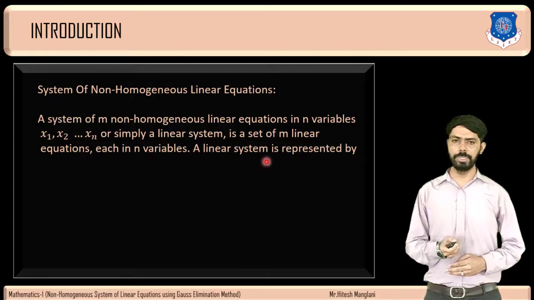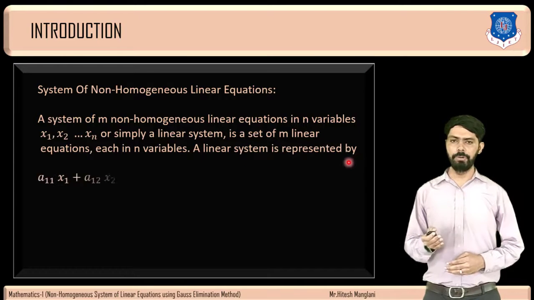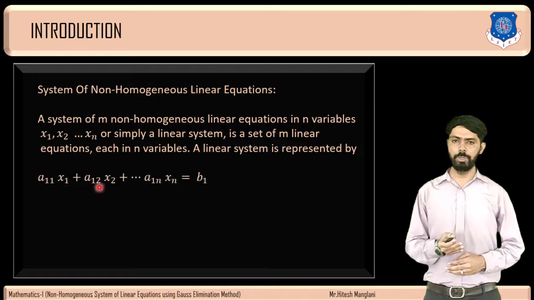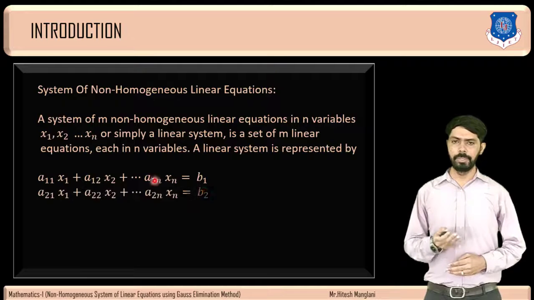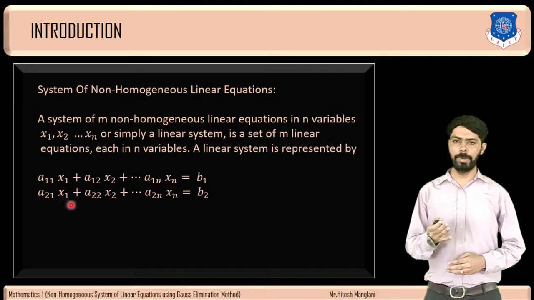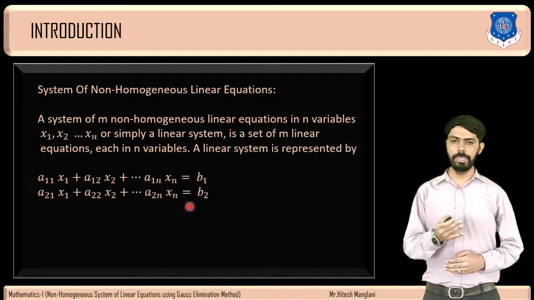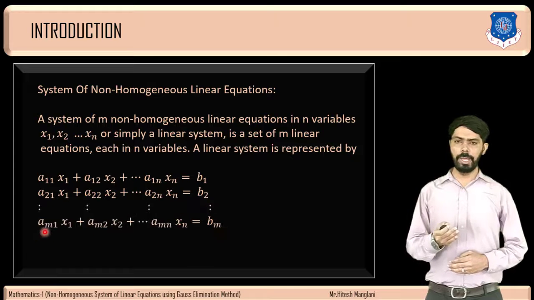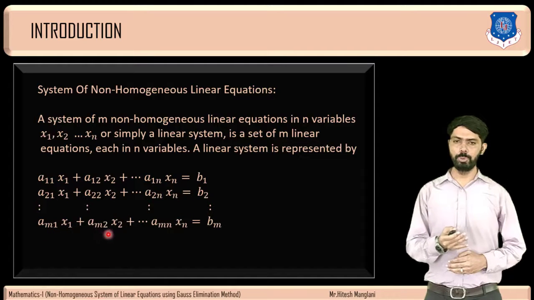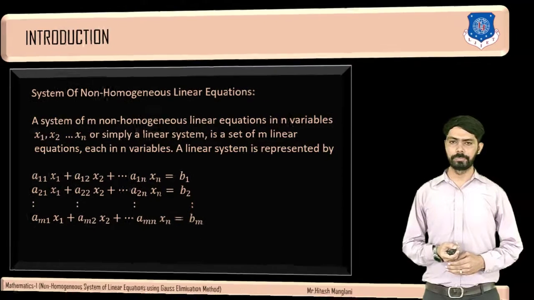A linear system is represented by a11 x1 plus a12 x2 plus so on a1n xn is equal to b1. Then a21 x1 plus a22 x2 plus so on a2n xn is equal to b2. Then am1 x1 plus am2 x2 plus so on amn xn is equal to bn.